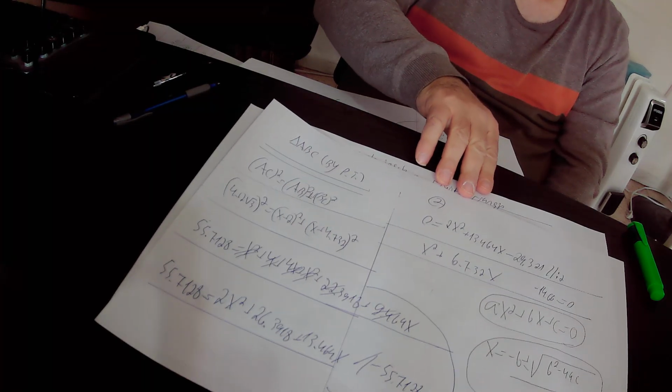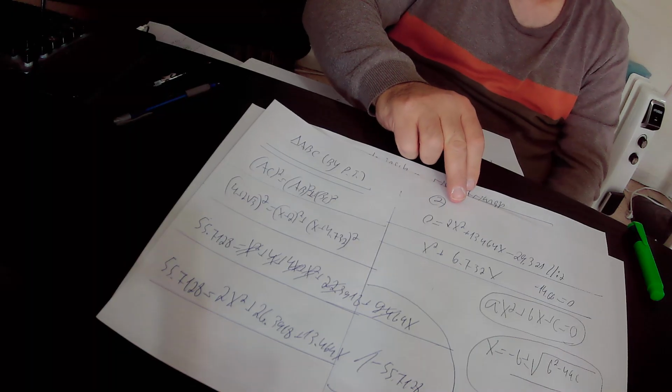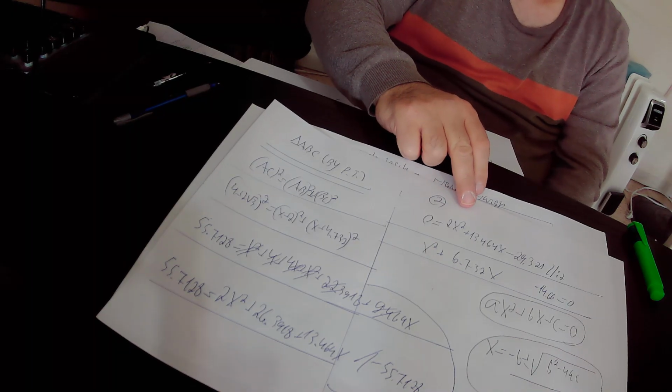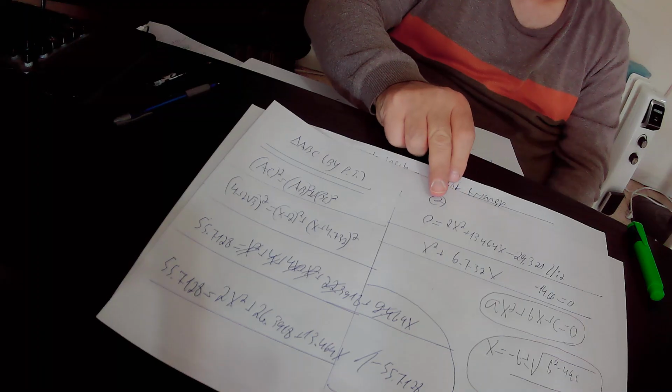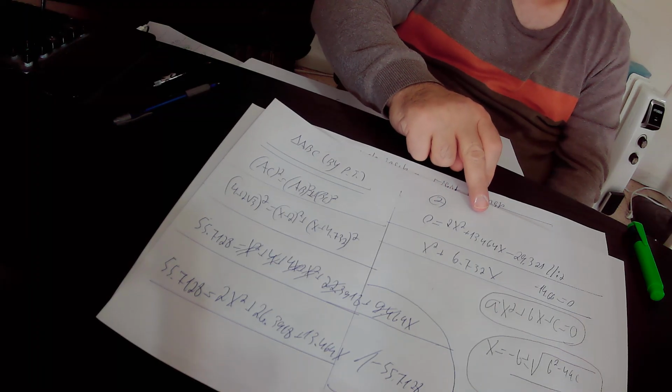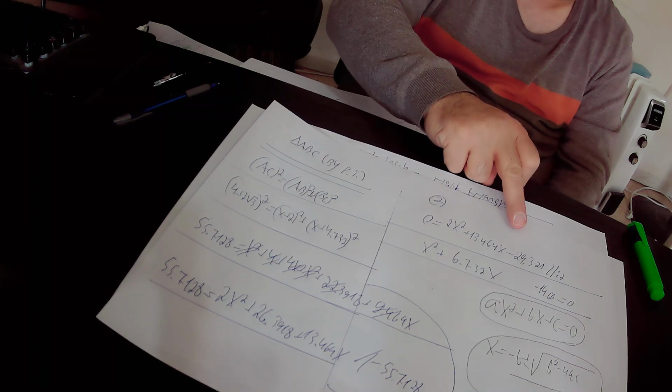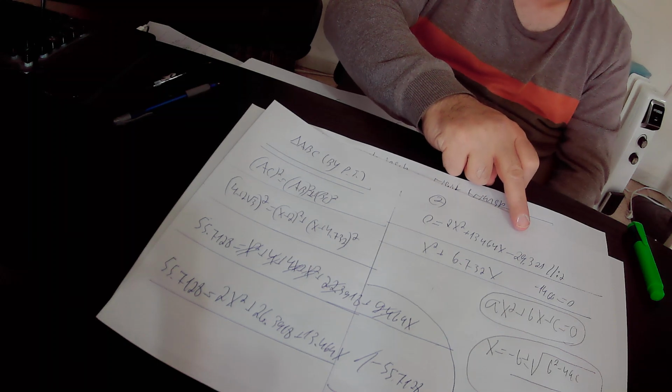So in conclusion, 0 equals 2x² plus 13.464x minus 29.321.